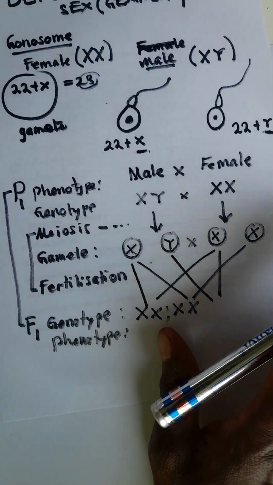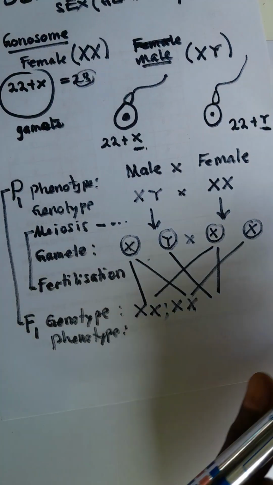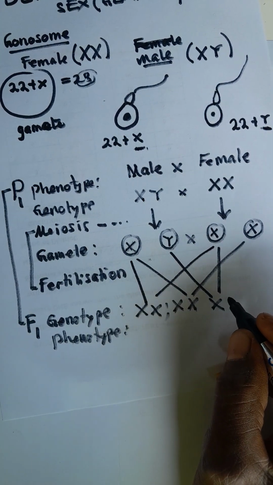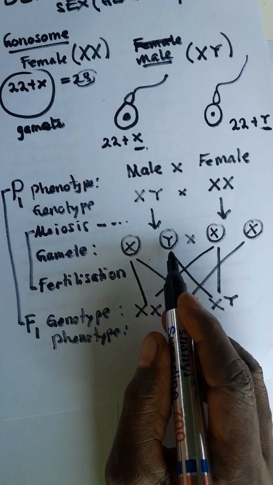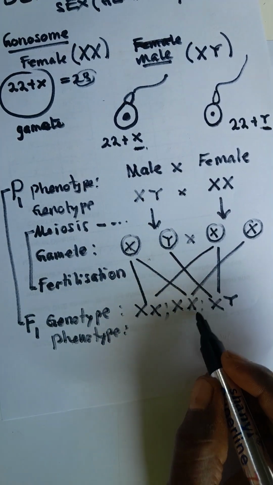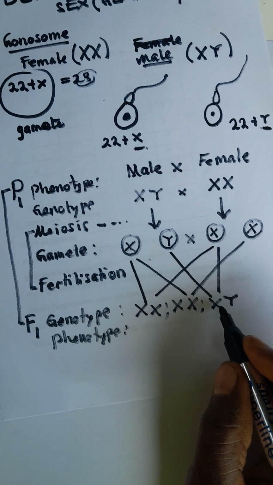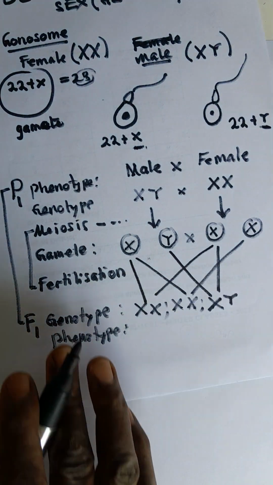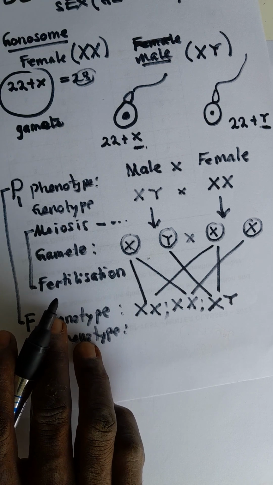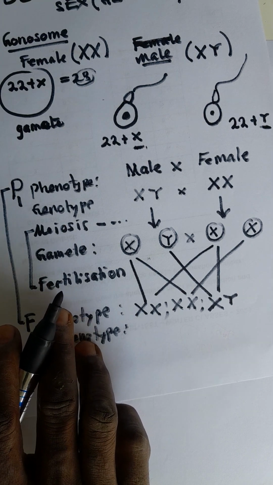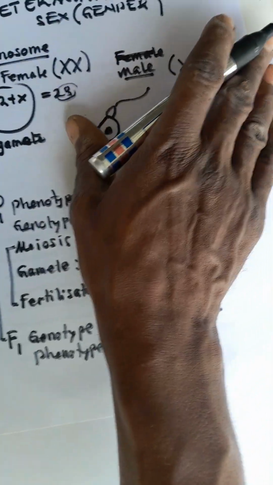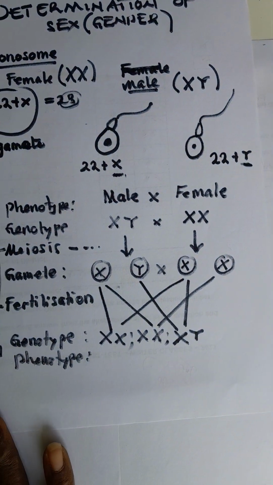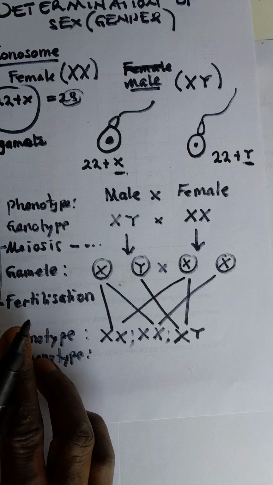So what is going to happen here? You're going to have X and Y. I'm not writing Y first. I'm going to write the X chromosome first before I write the Y, because as you know, X comes earlier in the alphabet than Y. That's why we write X first.